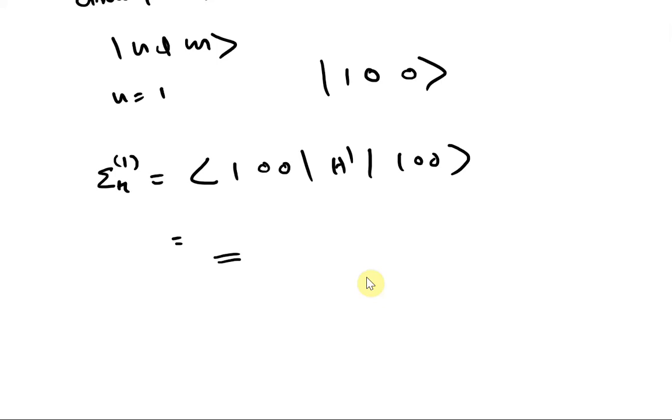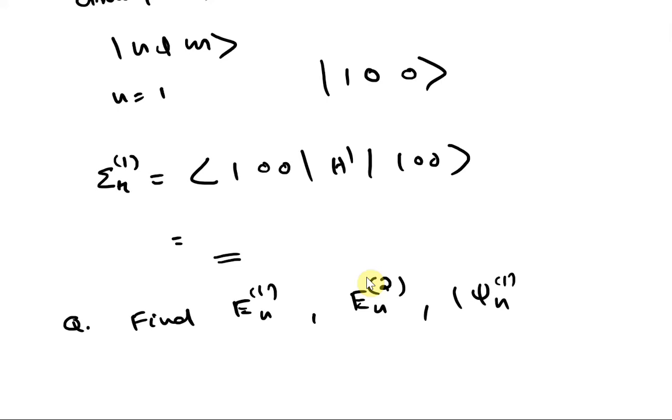Question number 4: find out this quantity, not only the first order energy. So the question is, find E n 1, that is the first order energy correction, the second order energy correction, and the first order correction psi n 1, and you can write the final wave function psi n.